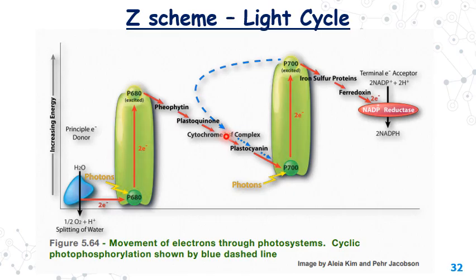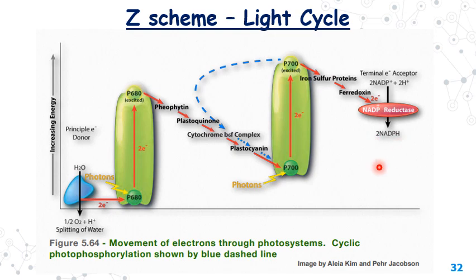So this thing over here, you can have this type of short-circuiting of the process in case you need some more ATP for the cell usage, for the chloroplast usage, and in case you do not need to be making more NADPH.